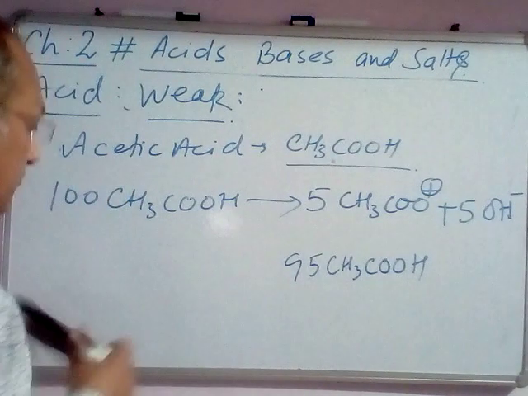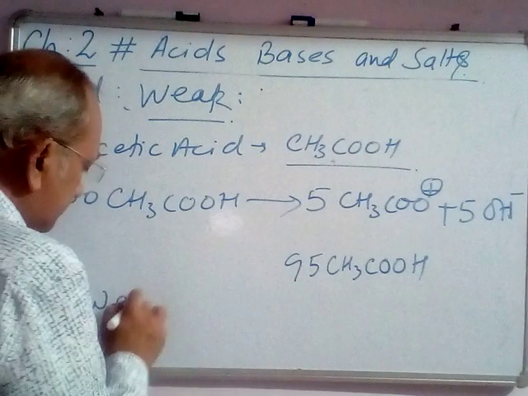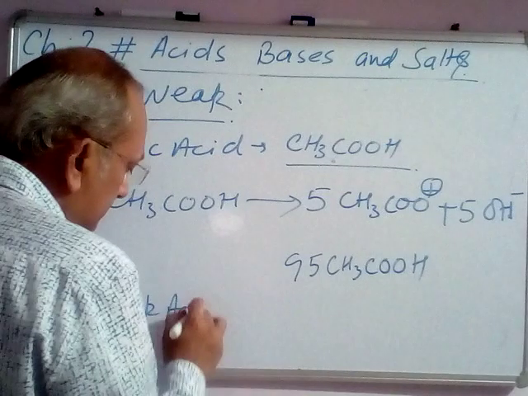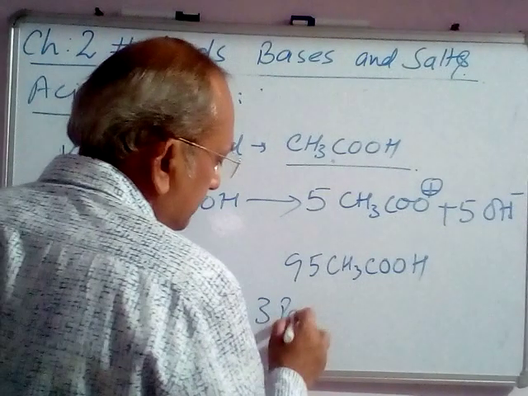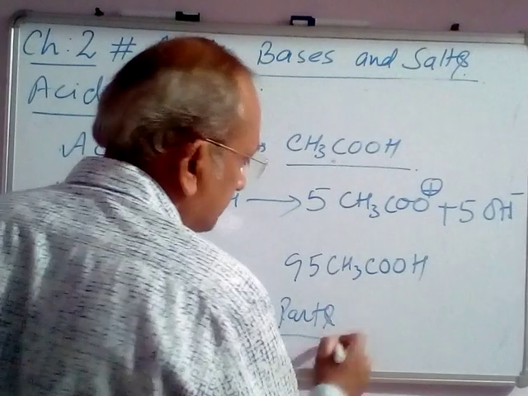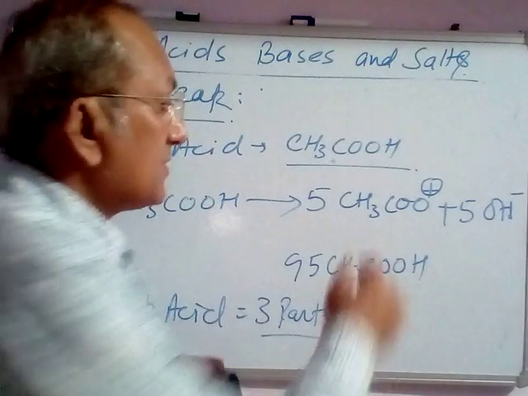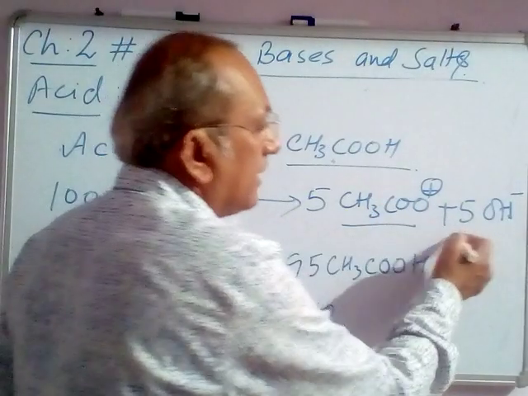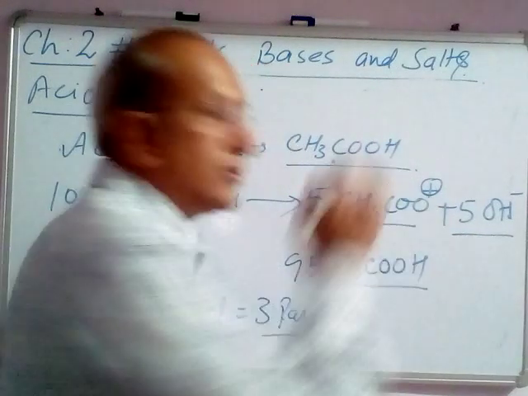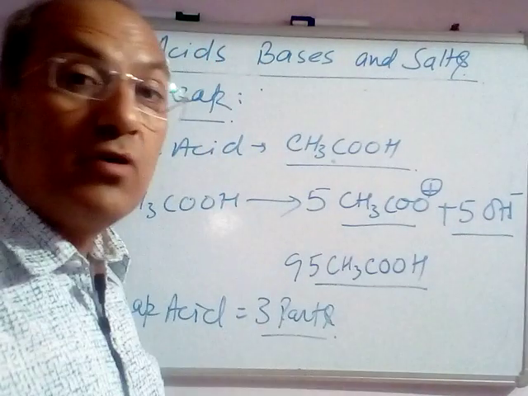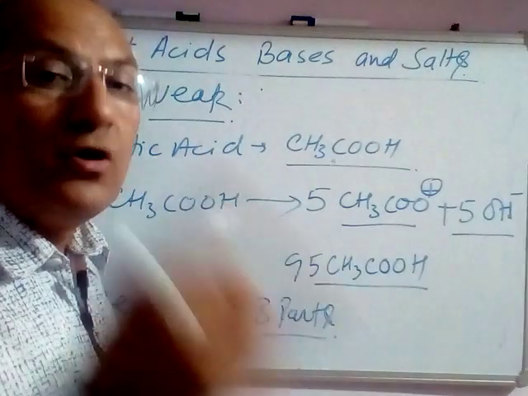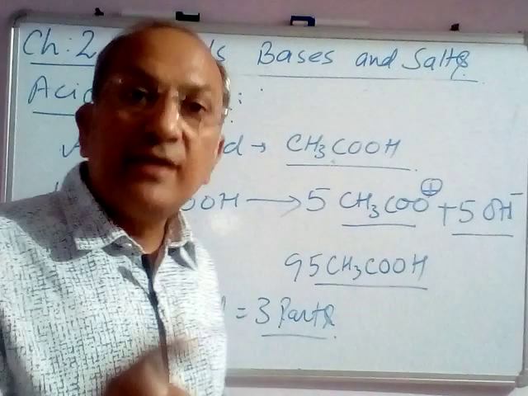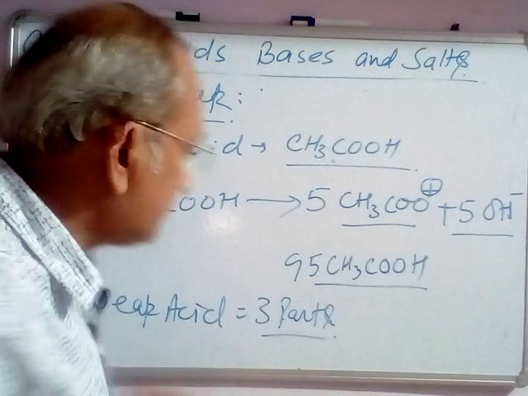So in weak acid there are 3 parts: cation, anion and molecules. In strong acid only 2 parts, cation and anion, or you can say positive ion and negative ion.